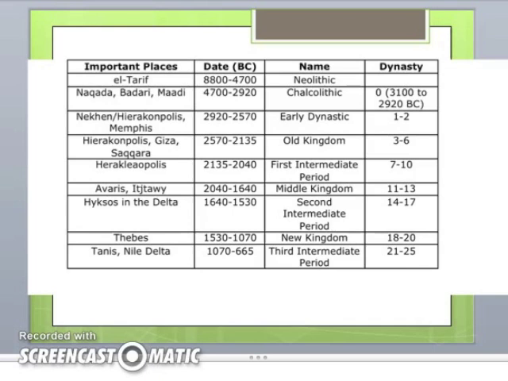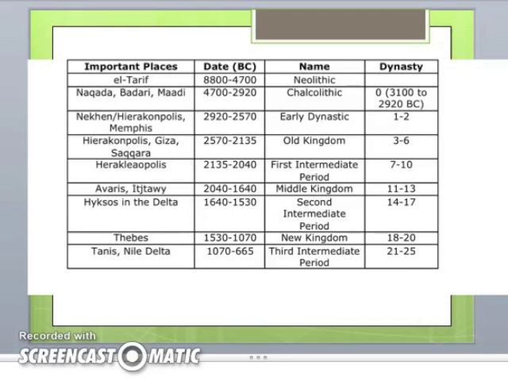So the image on your screen right now is basic dates for some of the important periods of history. So we're not going to spend a whole lot of time talking about every site that I have listed as an important place on this chart, just to get a general idea of the kind of dating or the dynasty associated with that date.